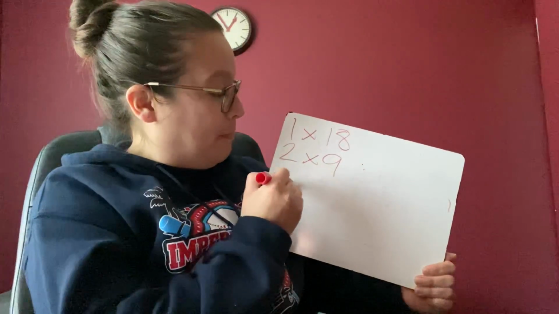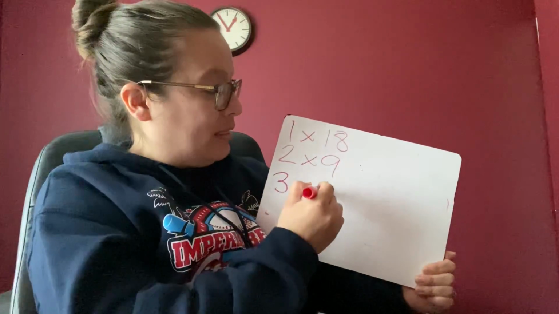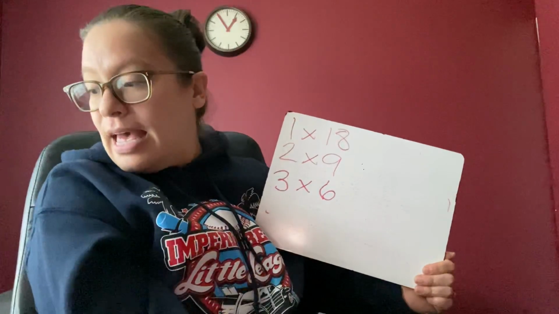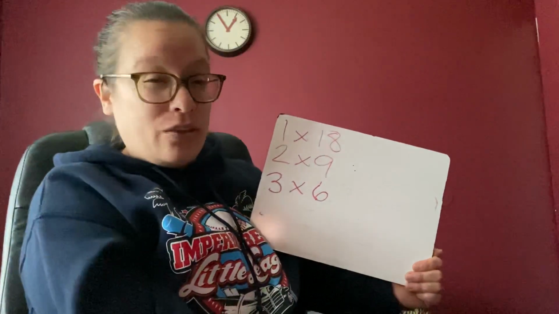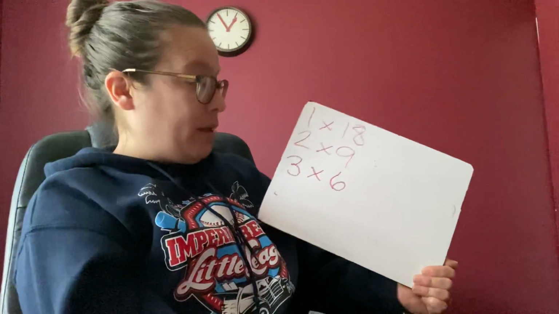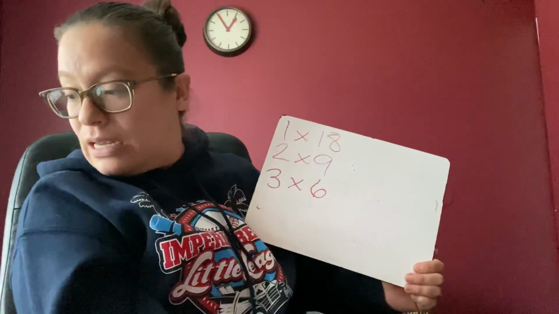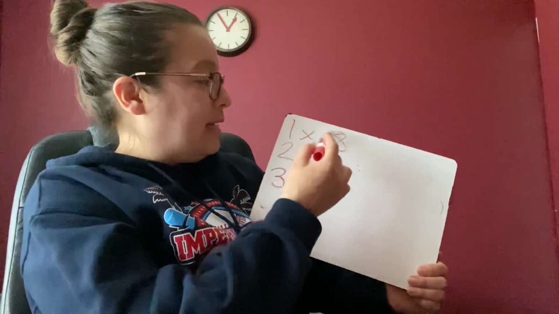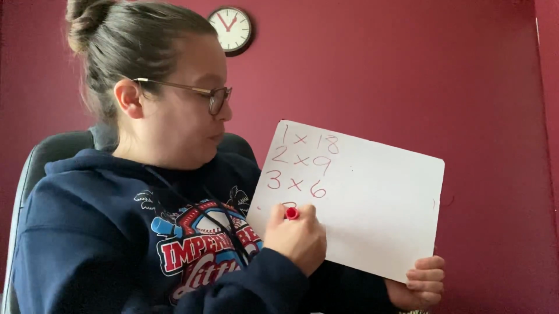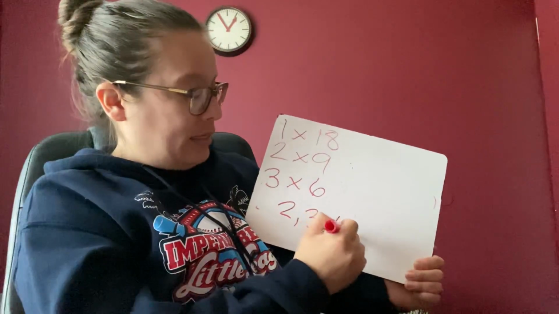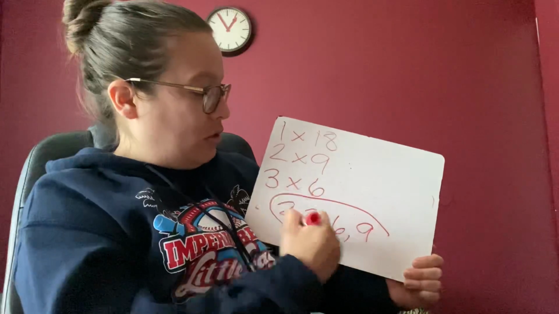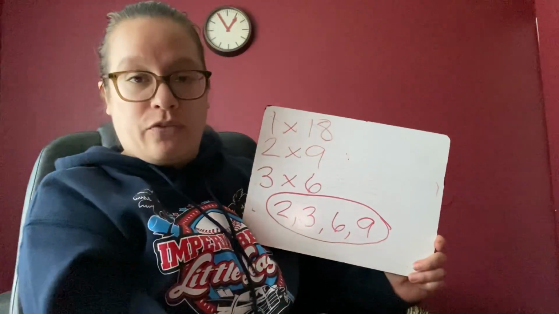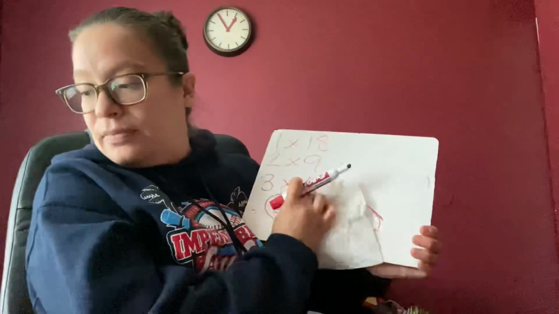Yep. 3 times 6. Any other factors? Nope. This says find 4 more factors, so besides 1 and 18, you would write 2, 3, 6, 9. Those are the other 4 factors of 18.